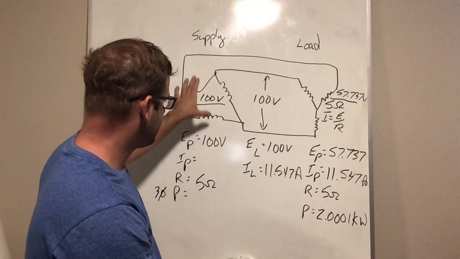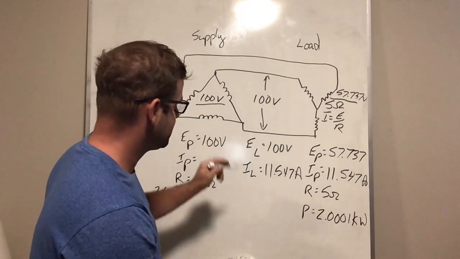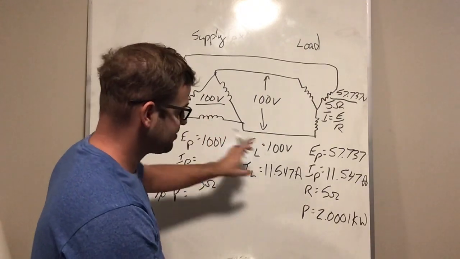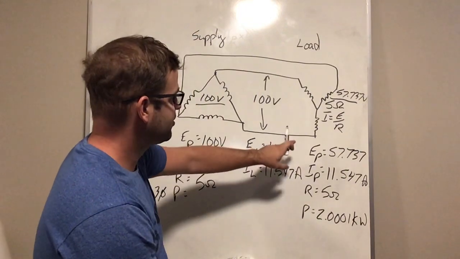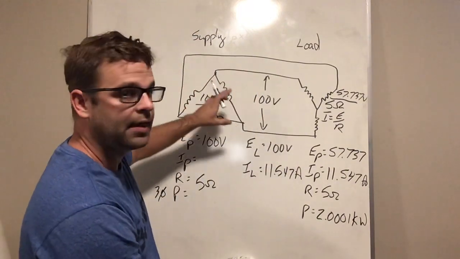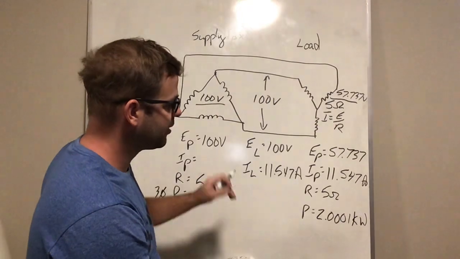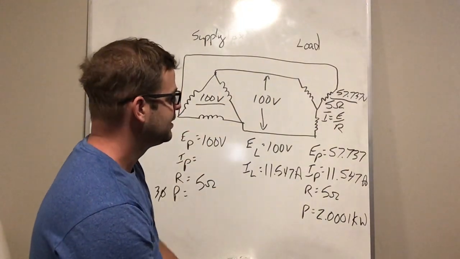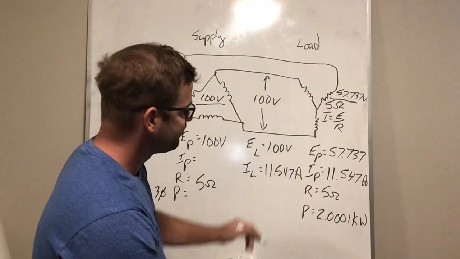So if my power at my supply should be the exact same as my power at my load, if voltage has gone up, then there should be a change in my current, and we should see it going down.